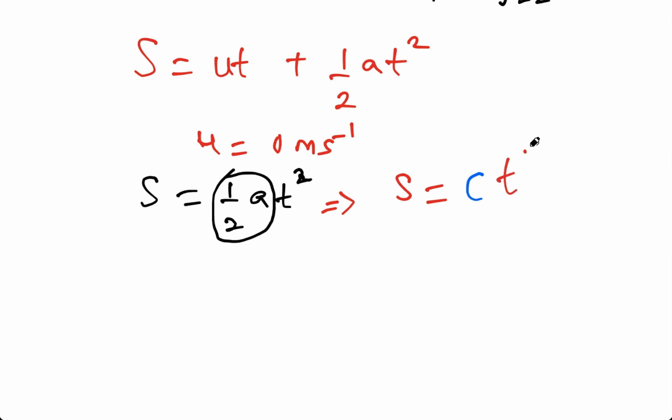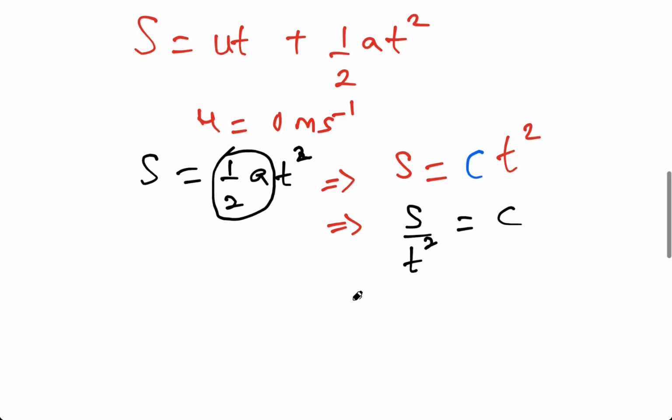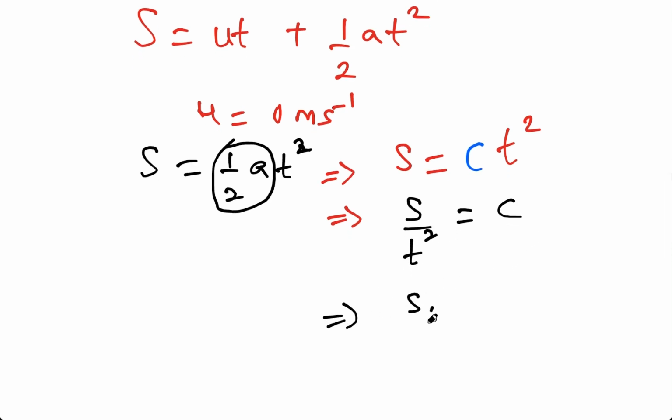Then this implies that S over T squared equals the constant, and that implies that S1 over T1 squared equals S2 over T2 squared.